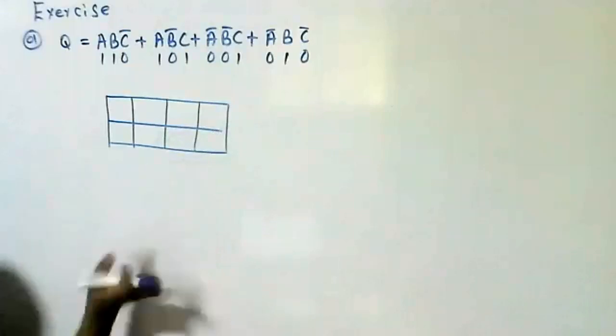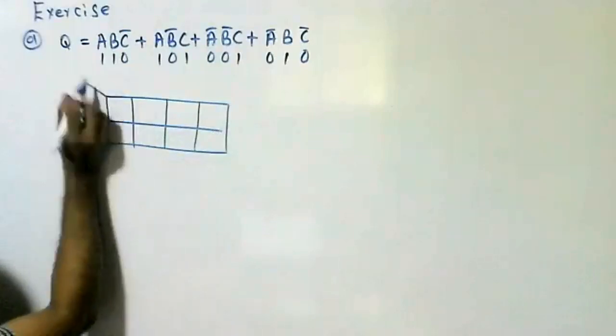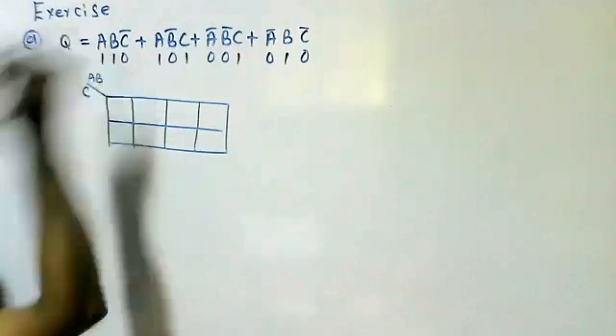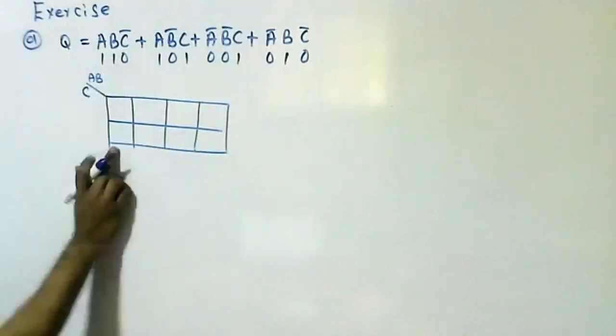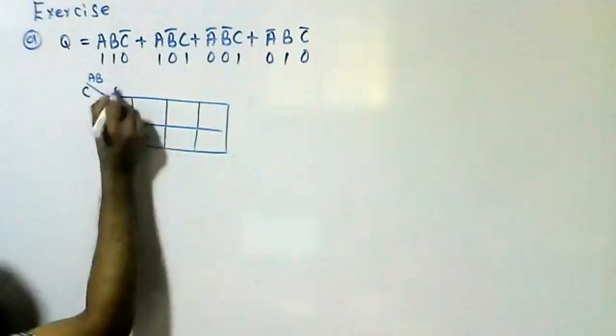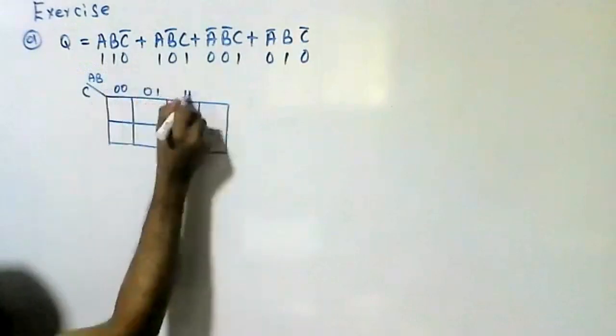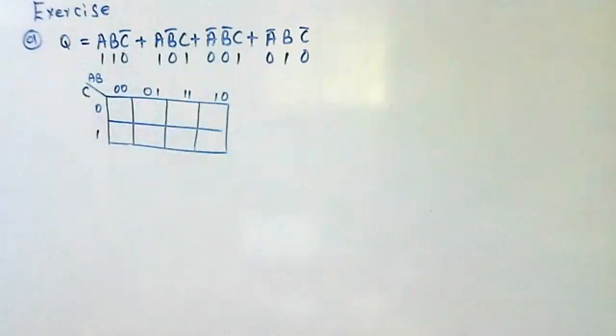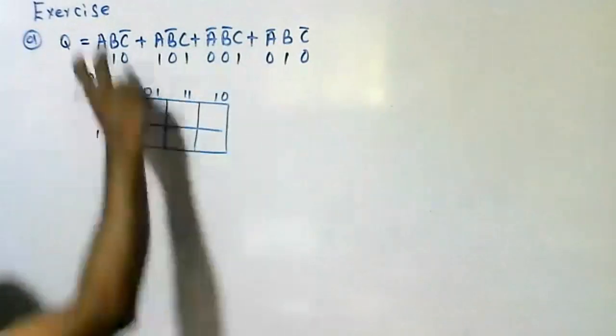Even if we draw this way, it is also correct. And we can mark A, B, C, or even we can mark A, B, C, it is also correct. So I'm going to mark the headers 0, 0, 0, 1, 1, 1, 1, 0, here 0, 1. Now I'm going to mark the ones according to the given expression.